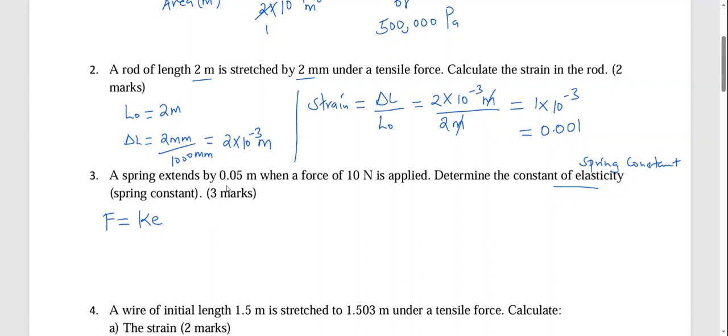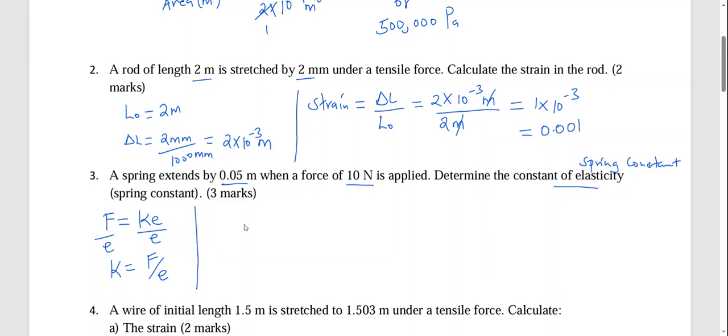Now, from our question, extension is 0.05 meter and force is 10 newtons. Therefore, we can make spring constant the subject of the formula by dividing by extension on both sides of the equation and remain with spring constant being equal to force all over extension.